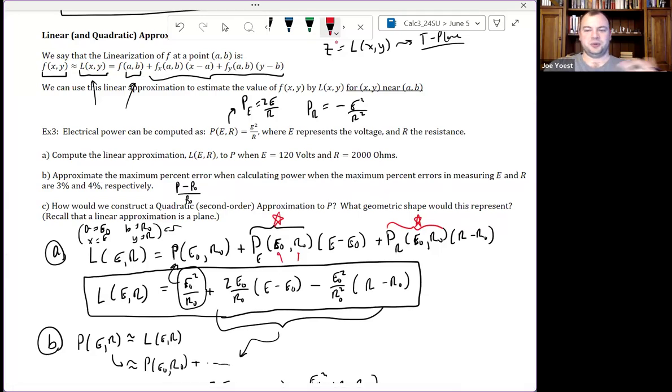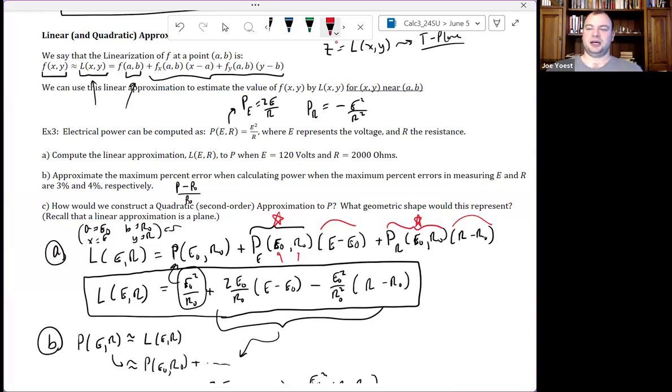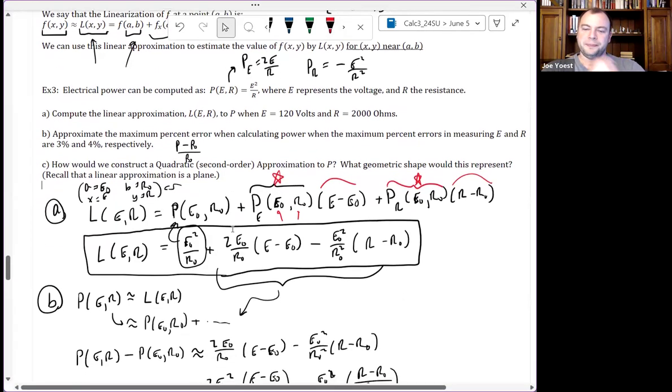Because otherwise, if I just put the partials in there as functions, clearly that's not going to be a linear function most of the time anyway. But evaluating those partials at the point of tangency and putting that in here, that's what gives the linearity, because I just have number times E minus E naught plus number times R minus R naught. That's where the linearity comes from.